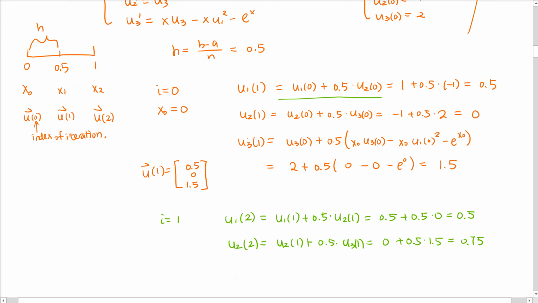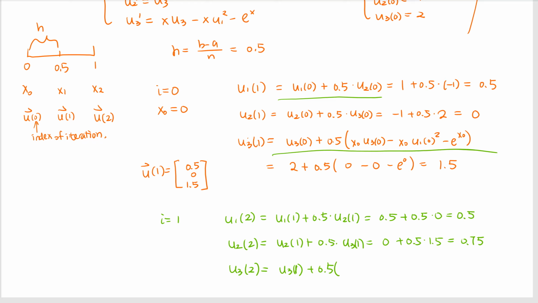And then u3 of 2 is u3 of 1 plus 0.5 times this guy. Now we increase the index. So this is x1 times u3 of 1 minus x1 times u1 of 1 squared minus e to the x1.